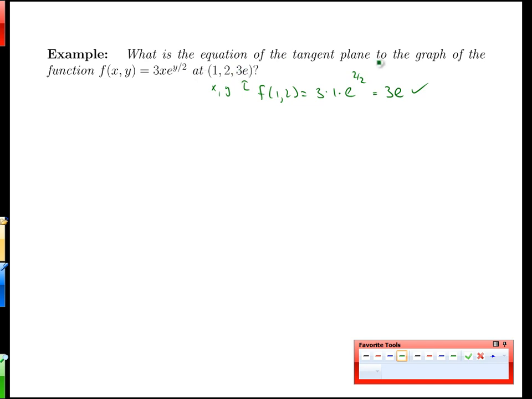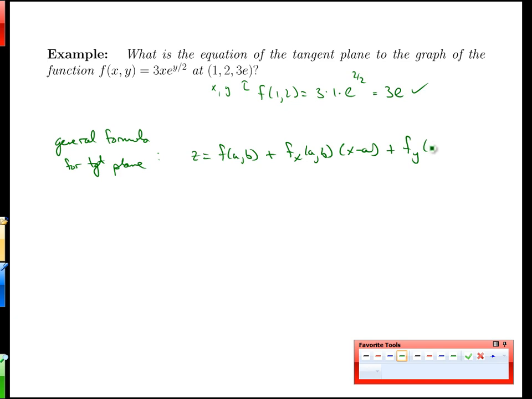All right, so let's just write down our general formula here for the tangent plane. And that is z equals the function value plus the x slope times x minus a plus the y slope times y minus b.